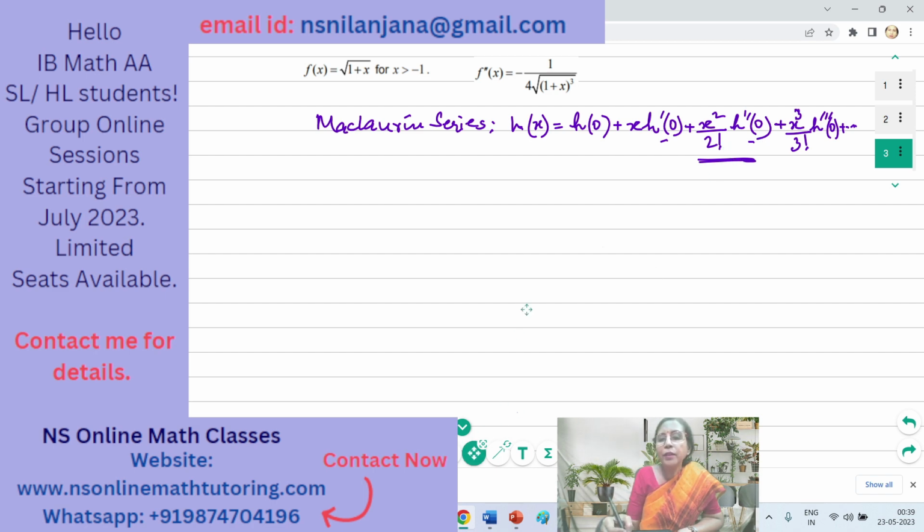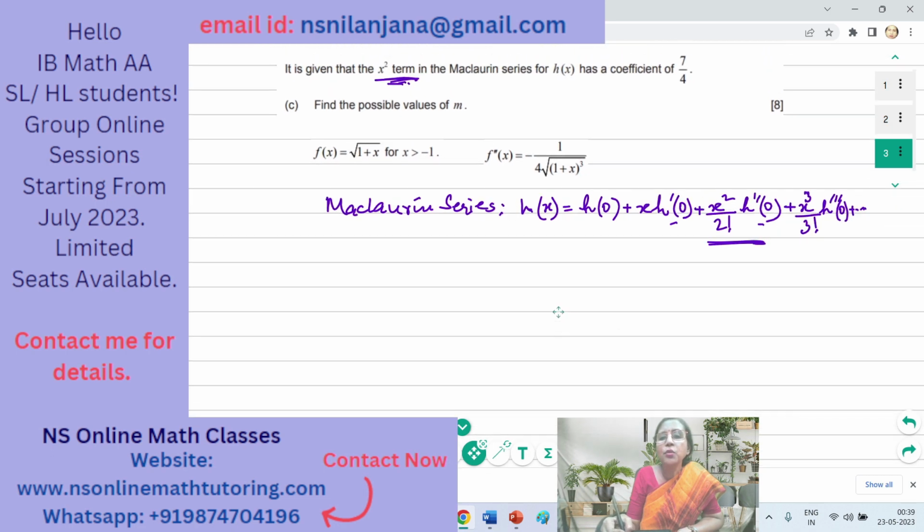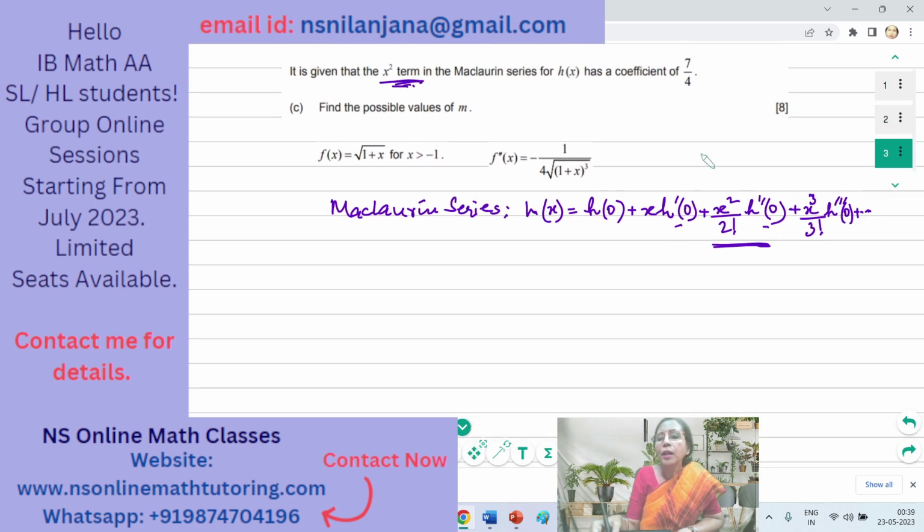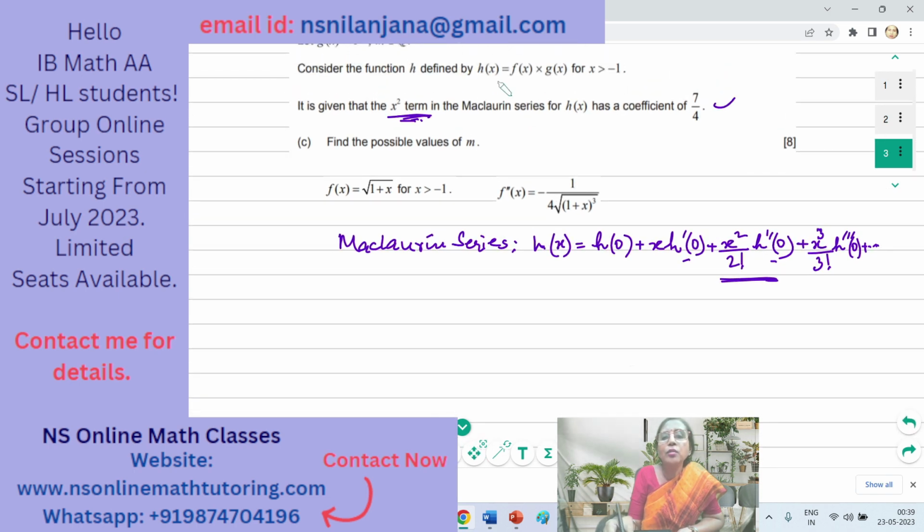This is the expression for the coefficient of the x squared term, and this coefficient is equal to 7/4. But first of all, let us get the expression of h double dash x, where h of x is equal to f of x times g of x. Okay.